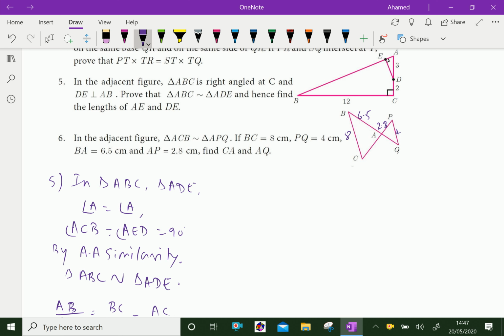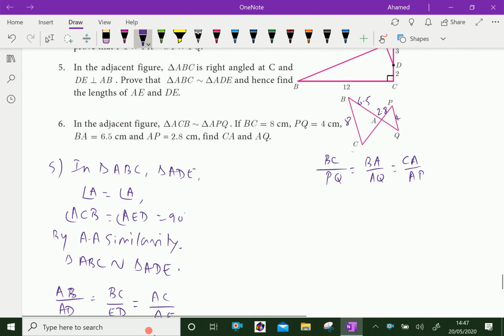Now we will write the similarities. In triangles ACB and APQ, we can write BC over PQ, BA over AQ, and CA over AP.